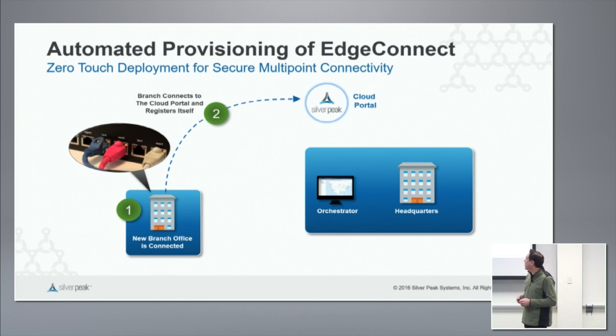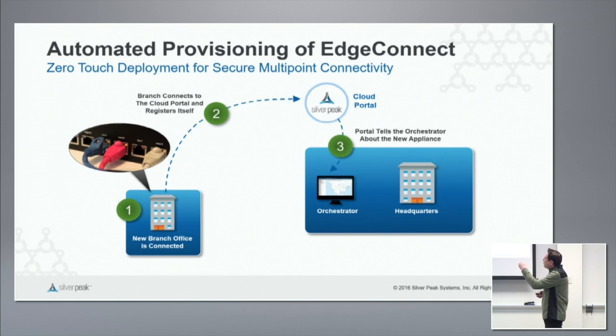So the way that works is someone pulls the device out of the box, plugs in power, plugs in the network, and the first thing that device is going to do is get an IP address via DHCP and then connect to the Silver Peak Cloud portal. That's a portal that we host. And the main job of the portal in this example is to perform a rendezvous function. It's going to rendezvous that device to the end customer's orchestrator.